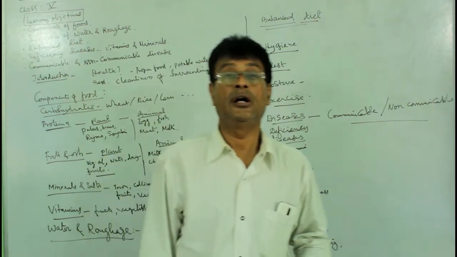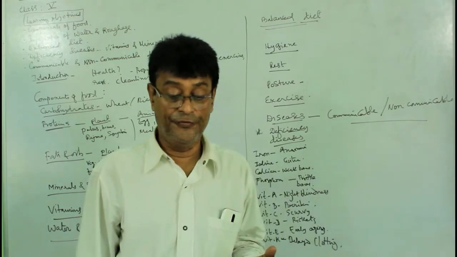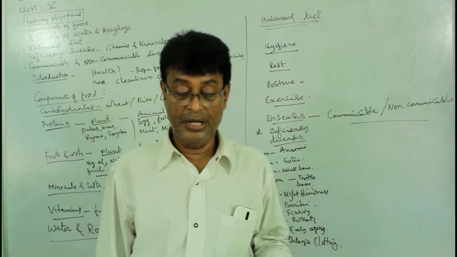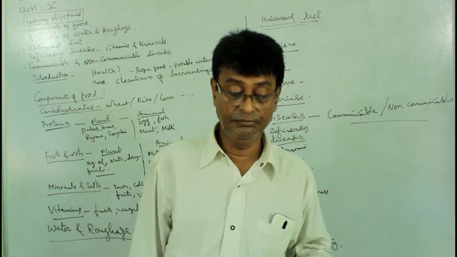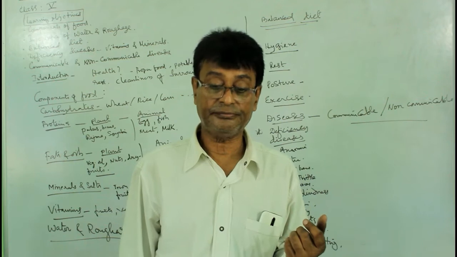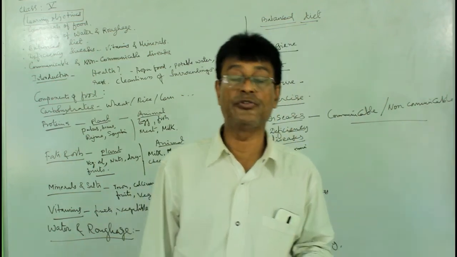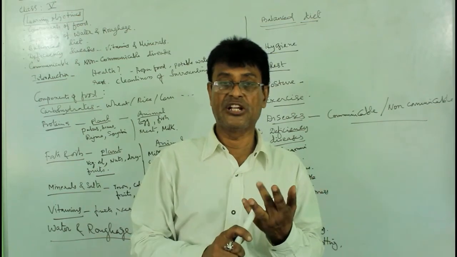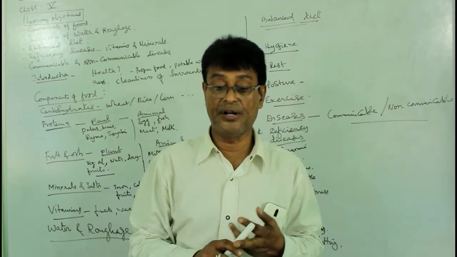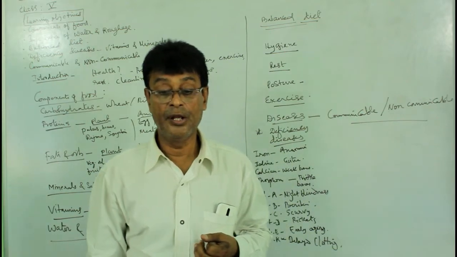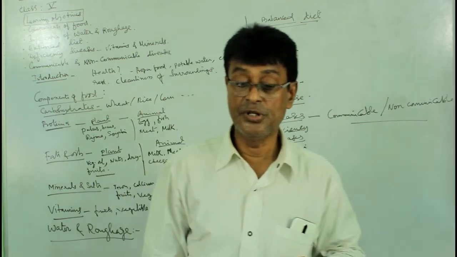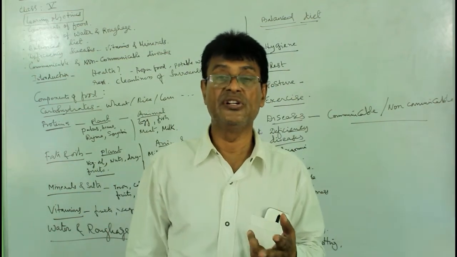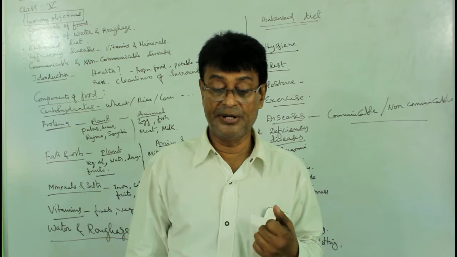Like whooping cough, typhoid, malaria, and the different kinds of airborne diseases that spread through different areas, by air, by insects, by wind. So germs, which are known as pathogens, are carried by such agents, and the communicable disease spreads.